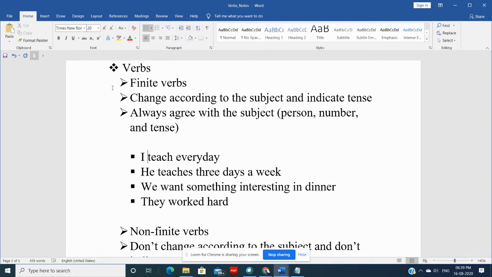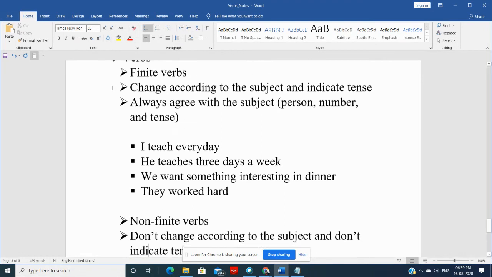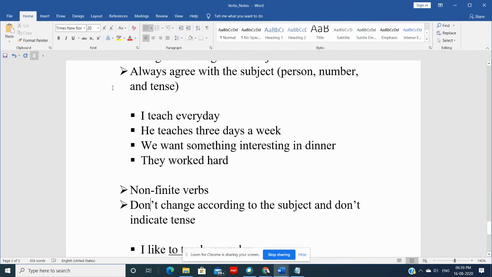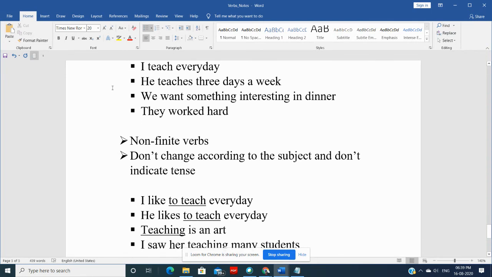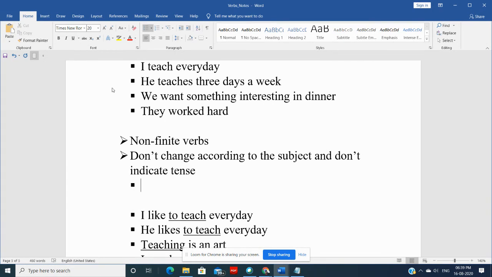Finite verbs, as I said, are limited to subject, person, number and tense also. But non-finite verbs are not limited in number, person and tense. They remain the same everywhere.